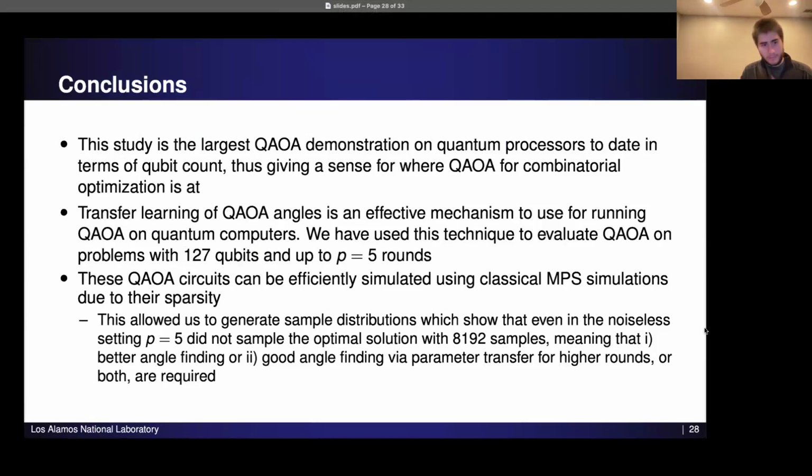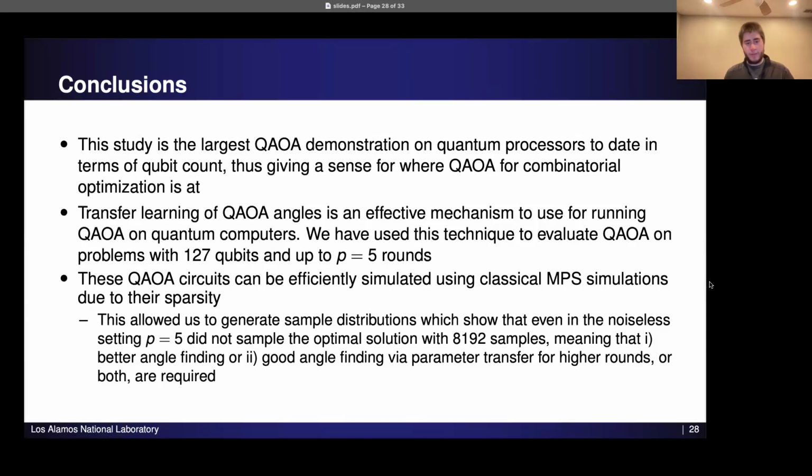Okay, so this study comprises some of the largest QAOA demonstrations on quantum processors to date in terms of qubit count. And the size in terms of gate count is also quite large. And so this gives a sense for where QAOA is at for combinatorial optimization, especially on near-term processors.